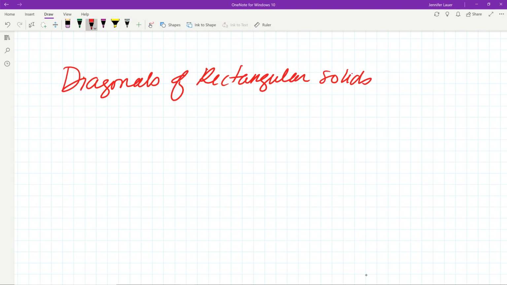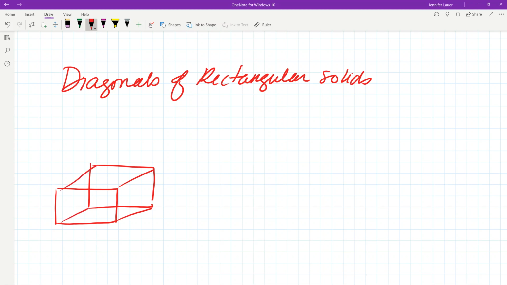So you can have problems in your book like from lesson 5, number 19. It says find the length of diagonal AC in the rectangular solid shown. So the first thing I'm going to do is draw this rectangular solid. Now bear with me here. Again, I'm not the best at this.